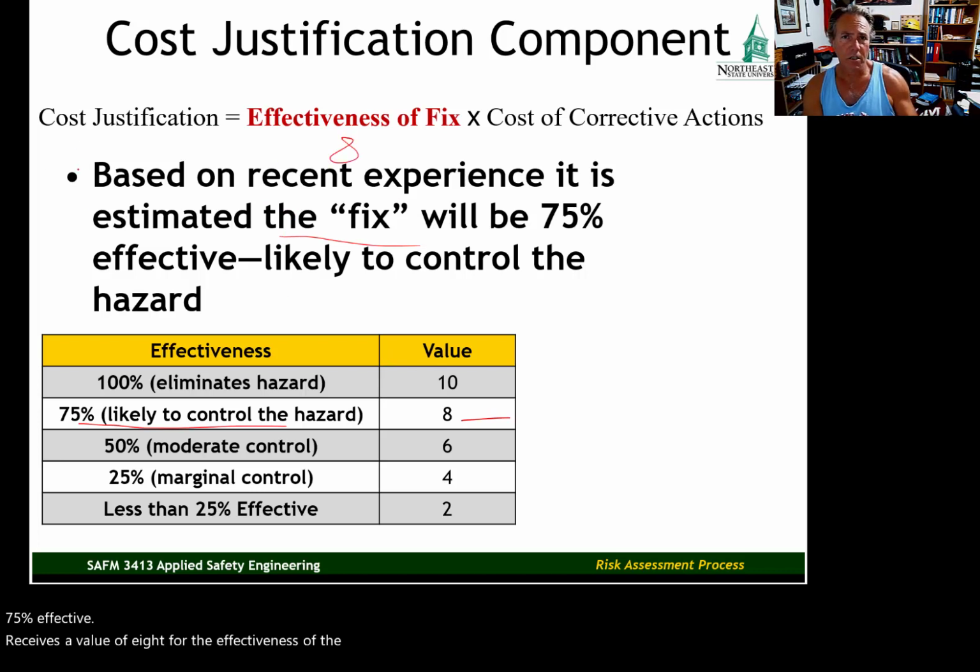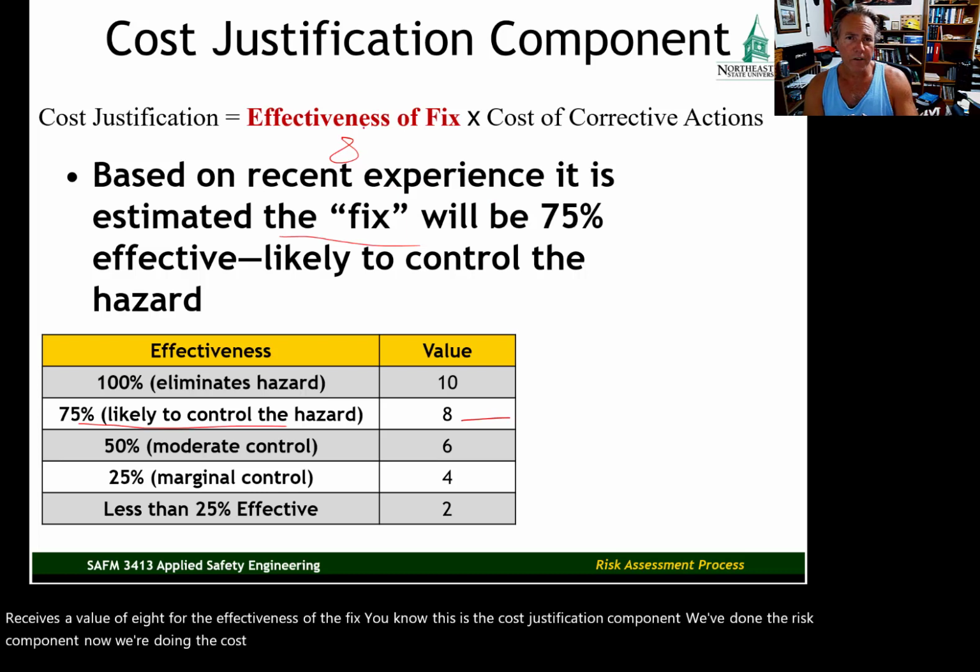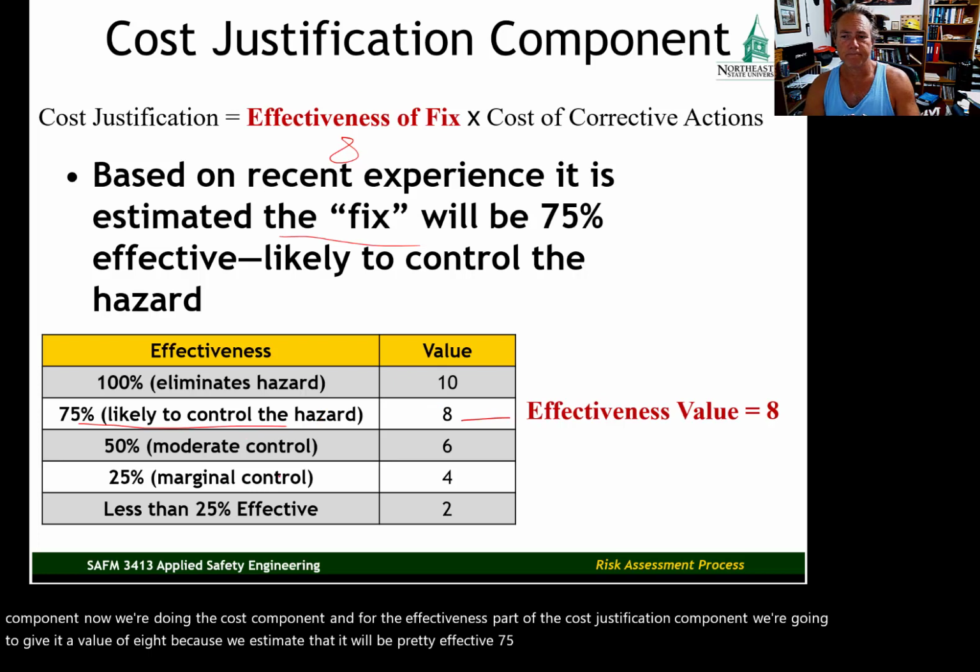Again, this is the cost justification component. We've done the risk component, now we're doing the cost component. And for the effectiveness part of the cost justification component, we're going to give it a value of 8 because we estimate that it will be pretty effective, 75% effective.